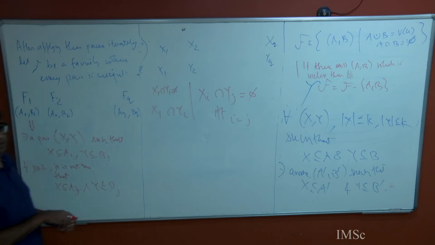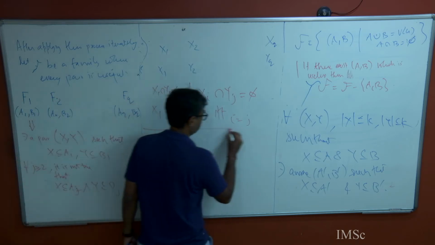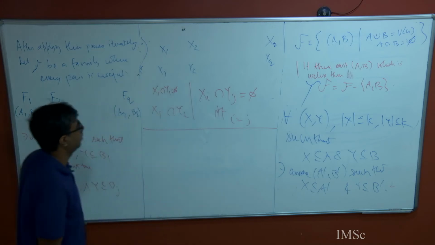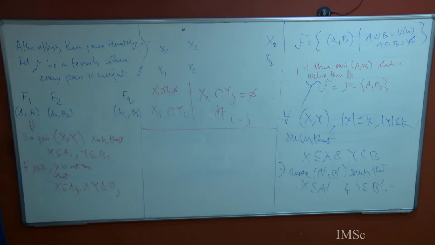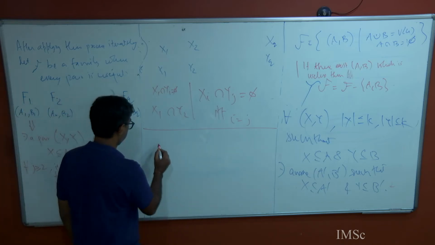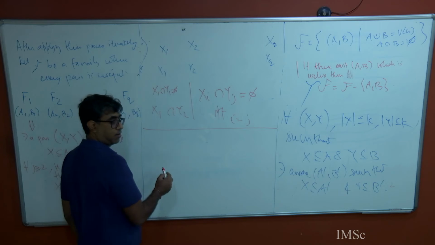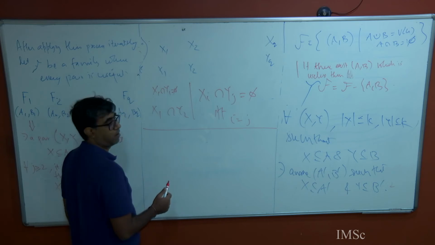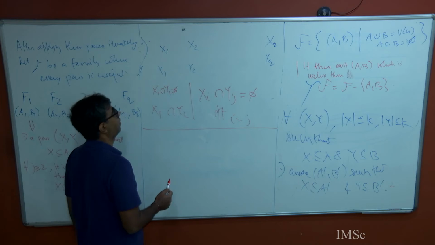If x1 intersection y2 equals phi, then whatever pairs respect x1 y1, I can respect by x2 y2.